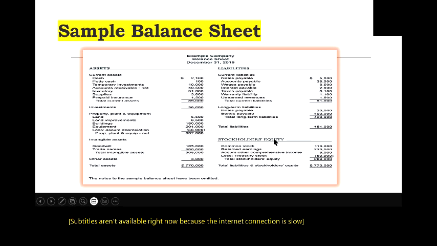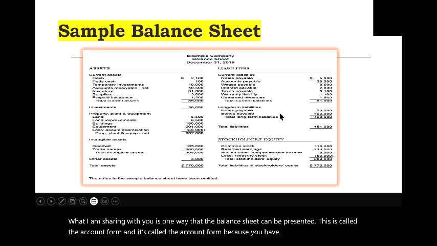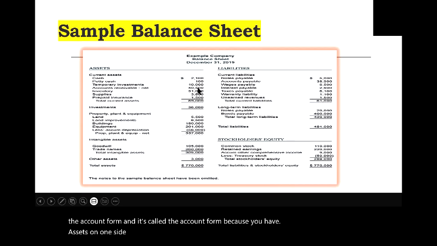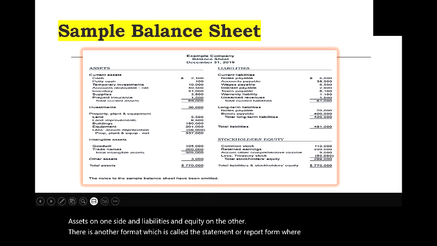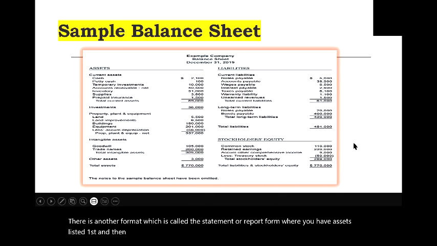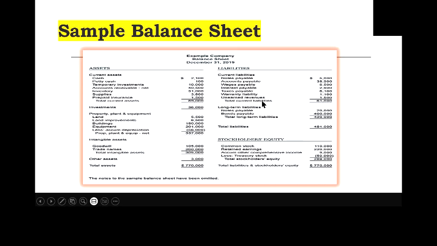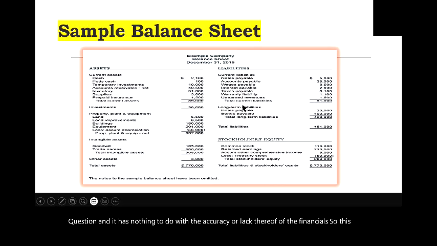There's another format which is called the statement or report form, where you have assets listed first, and then below that would be your liability and equity. It's a stylistic question, and it has nothing to do with the accuracy or lack thereof of the financials. So this is in the account form.